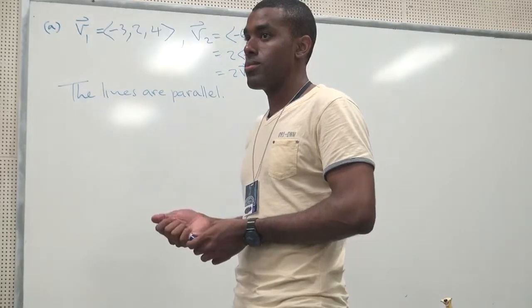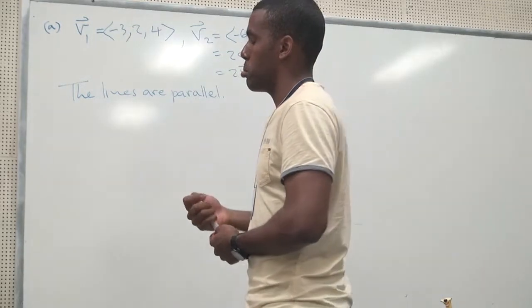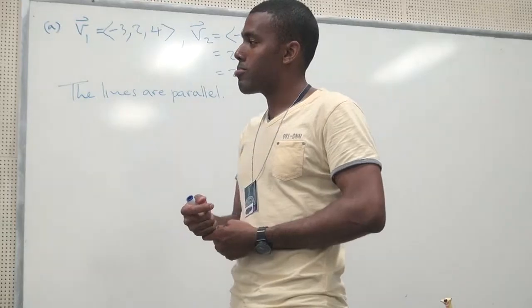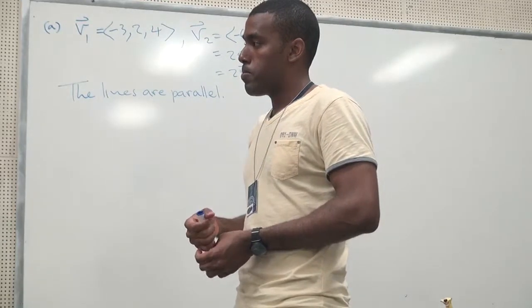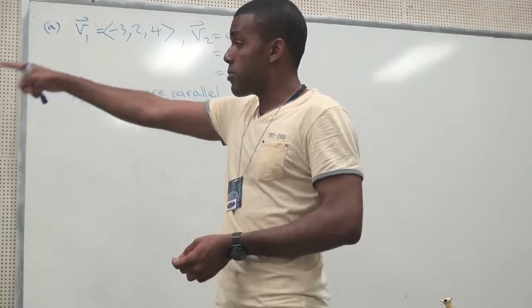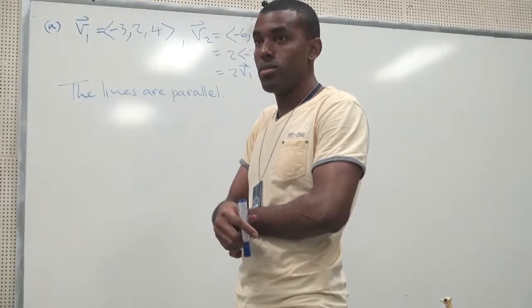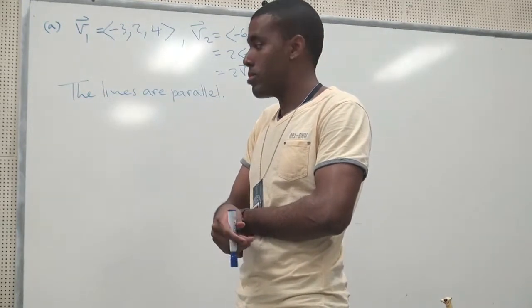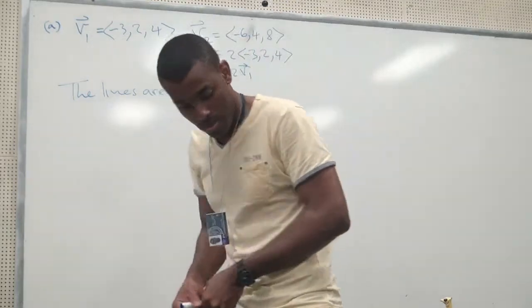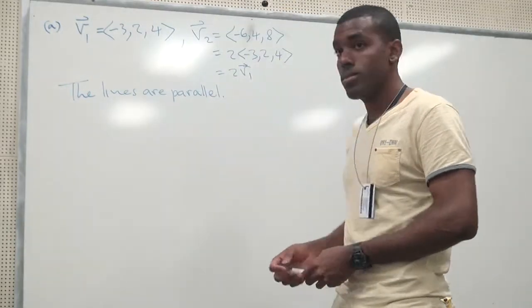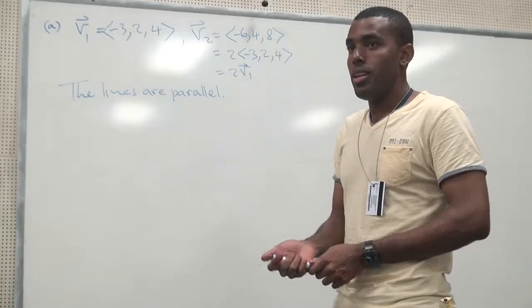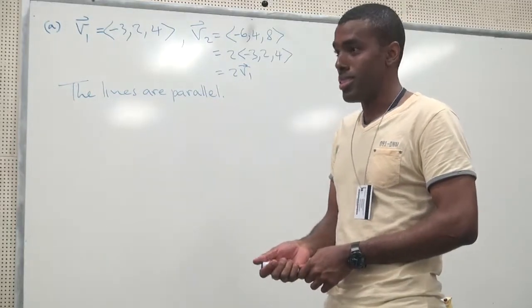Wouldn't they be skew then? Give me a point that the first line passes through. If they're parallel and they intersect, what happens? Are they the same line?